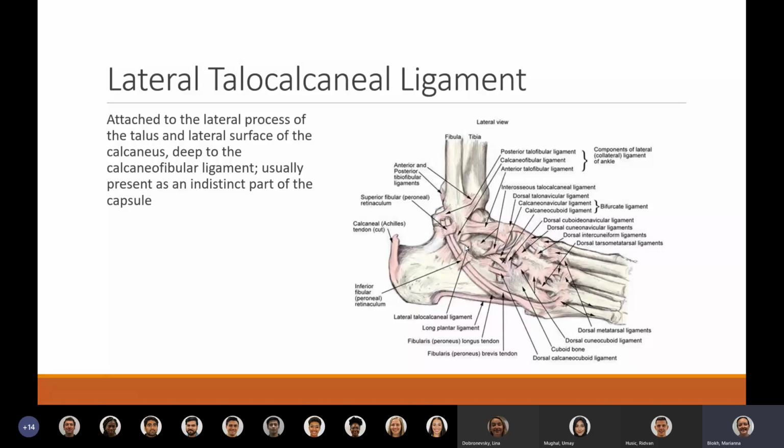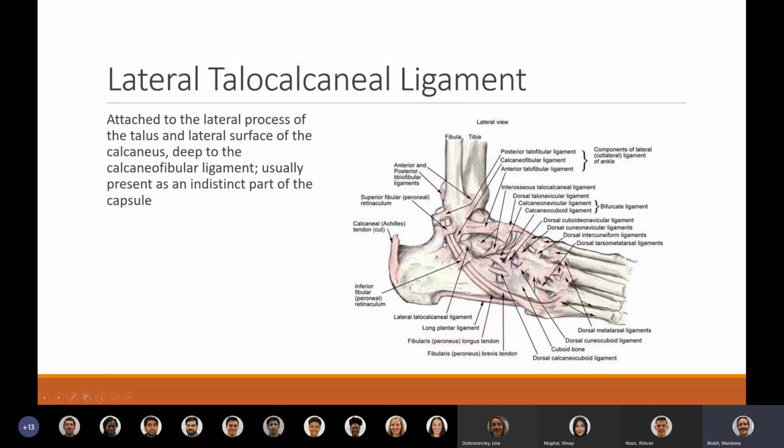What's important about it, it is deep to the calcaneofibular ligament. So remember, your lateral collateral ligaments, and we'll talk about them, laterally you have the ligament running from the fibula to the calcaneus, your calcaneofibular ligament. Deep to it is your lateral talocalcaneal ligament. So understand how they layer each other, okay?